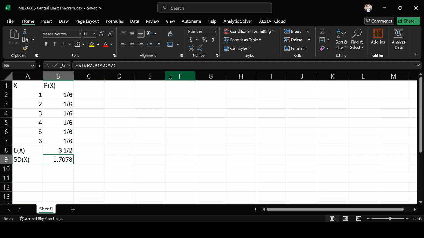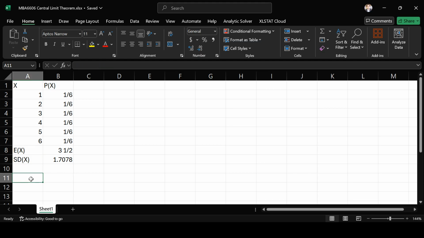So let us consider a case of a single dice roll and determine the expected value of the face value of the dice and the associated standard deviation.